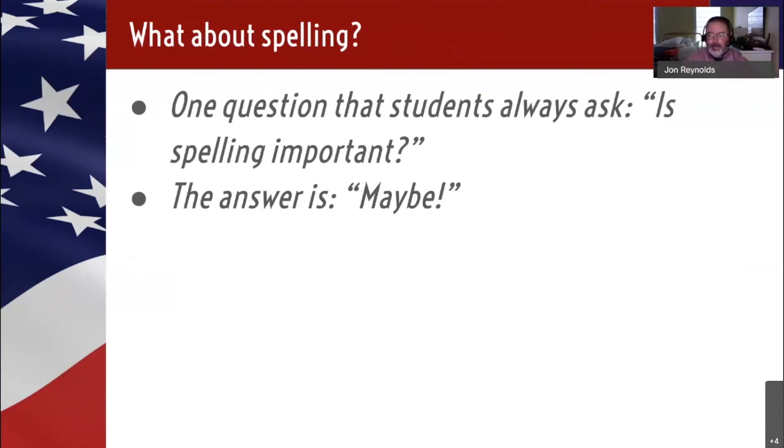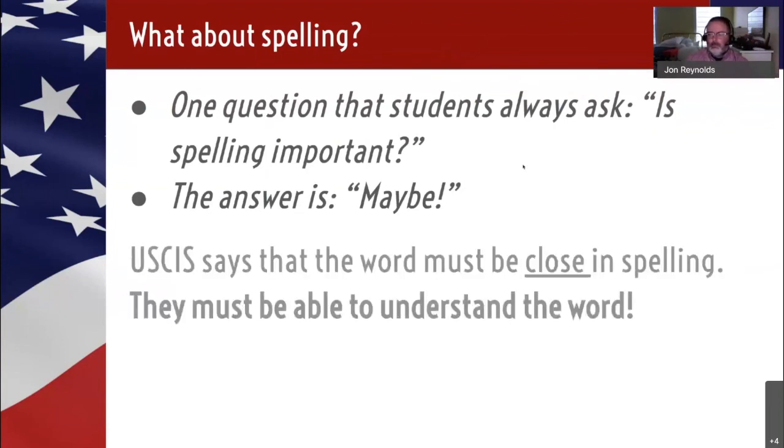If I can understand the word, so let's say again you forget to use the right letter, or for example in dollar you put one L instead of two L's. USCIS, what they tell us as the teachers, they tell us that the word must be close in spelling. Okay, so in other words, we have to be able to understand the word.